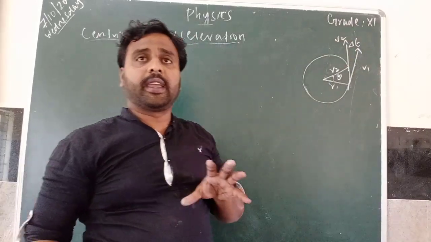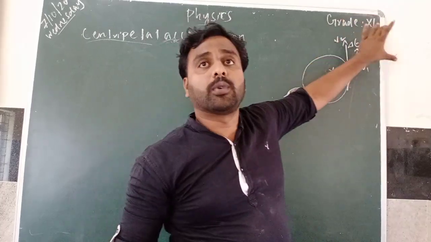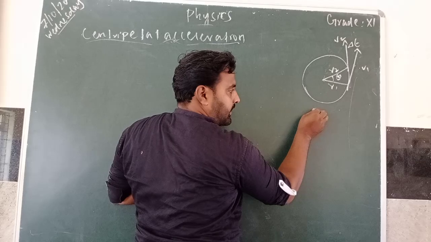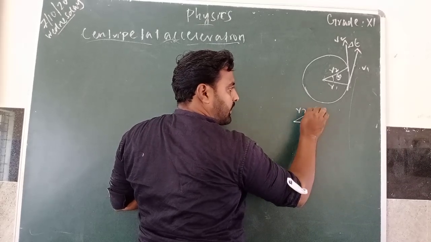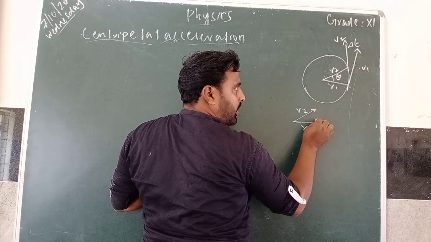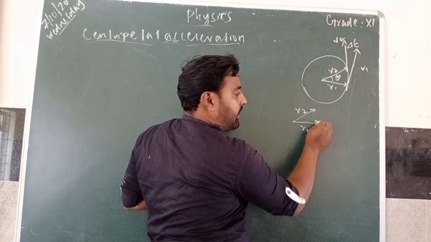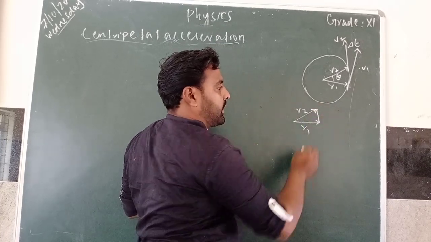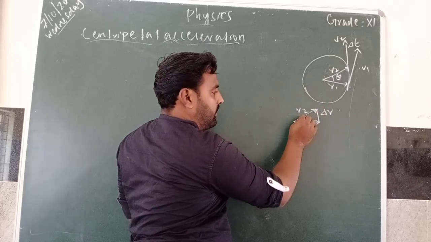If we take a geometric representation for this position and this velocity, we will get a diagram like this. This is R1, this is R2, and the arrow mark is like this. Now the resultant position vector is delta R, and here theta.